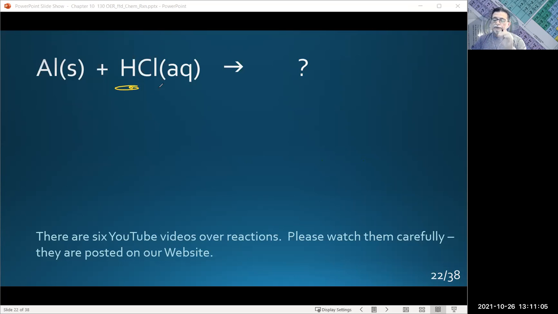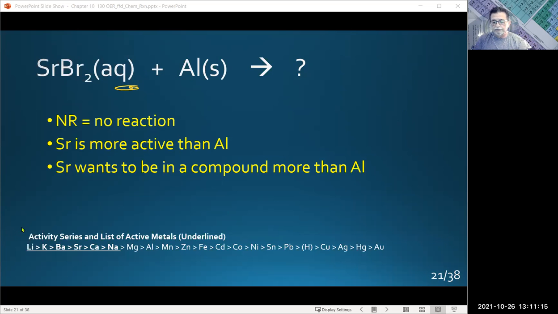Remember, the activity series is relative to hydrogen gas, okay? Notice down here in the activity series. When this activity series was put together, they were using as a reference point hydrogen gas. And so everything's really relative to hydrogen with respect to reactivity.